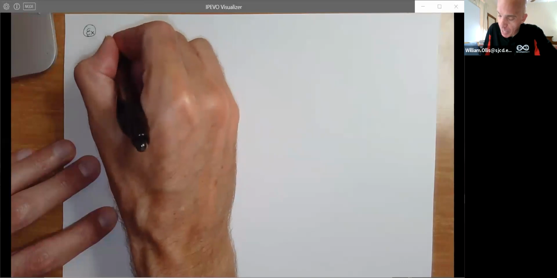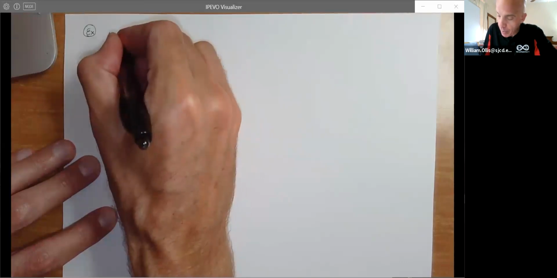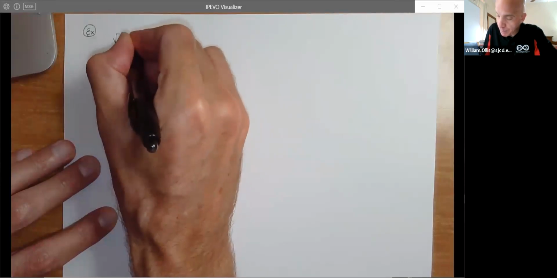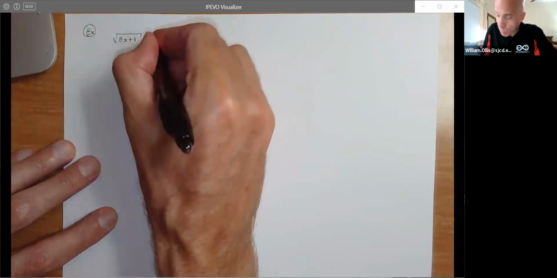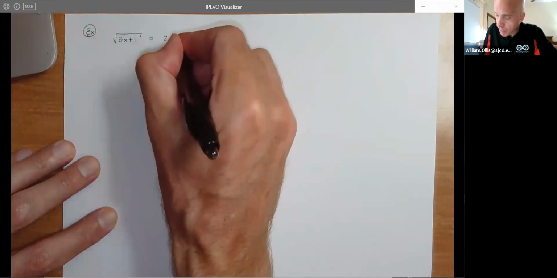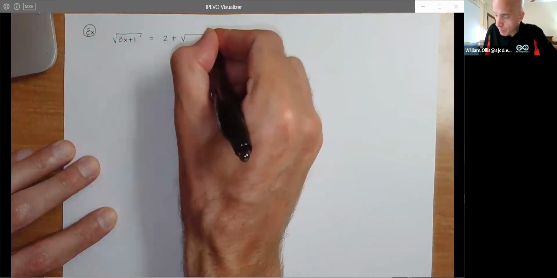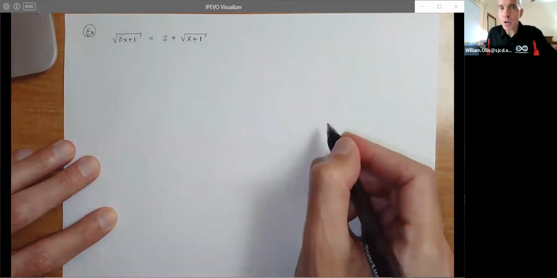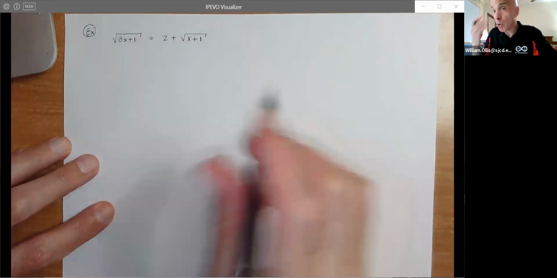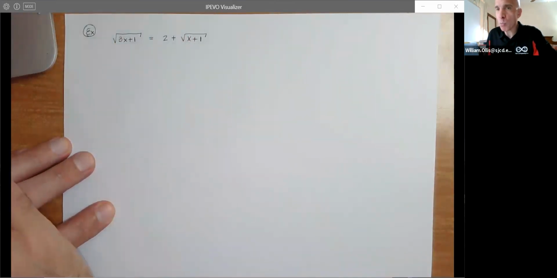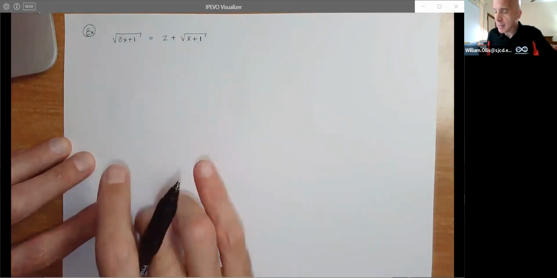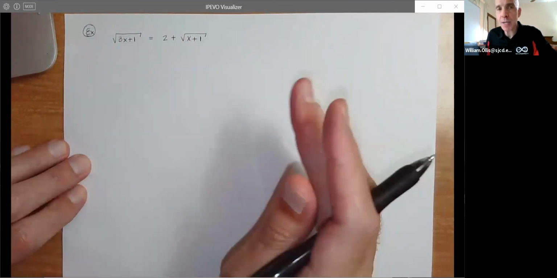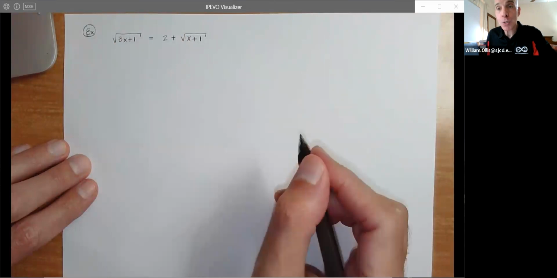So here we have the square root of 3x plus 1 equals 2 plus the square root of x plus 1. Now, these are square roots, but it doesn't matter. We could have cube roots, even nth roots, whatever. The idea is that in order to get rid of a square root, we square.